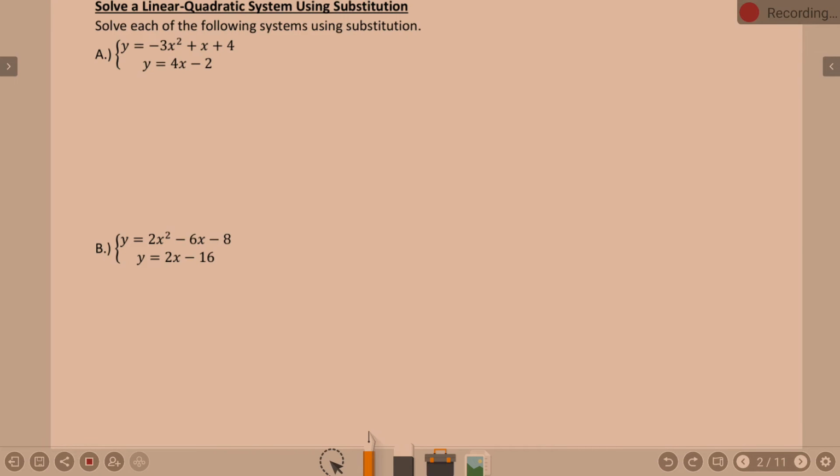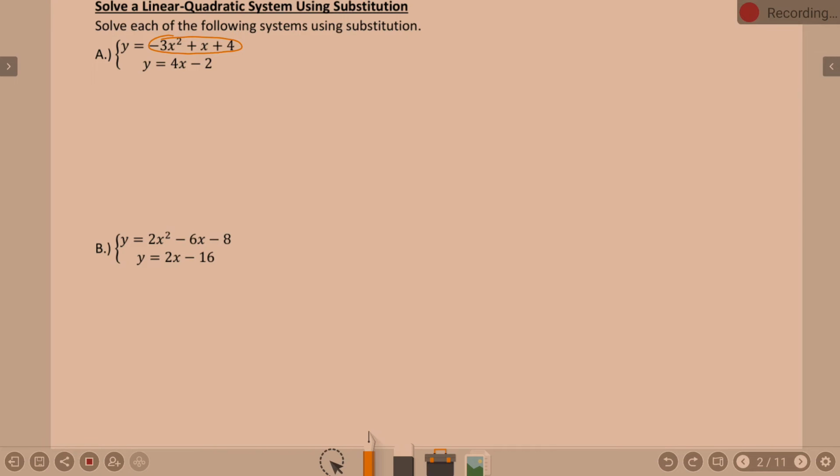Essentially, both of these equations are already y equals, aren't they? It doesn't really matter which way you look at this, but since they're both y equals, we take one equation and plug it into the other one. So, for instance, y equals negative 3x squared plus x plus 4.